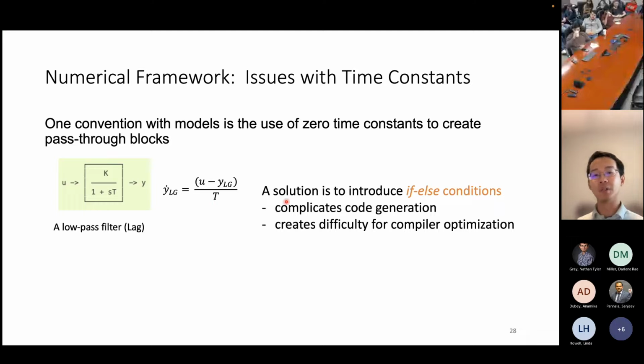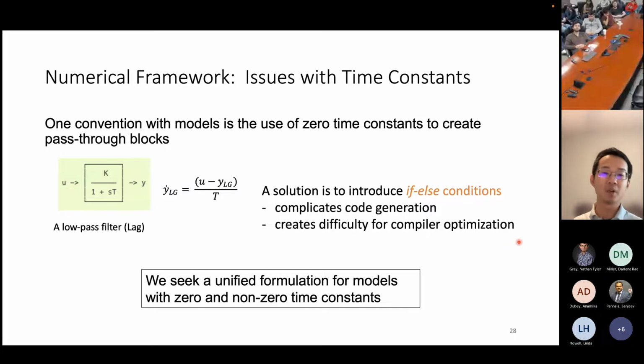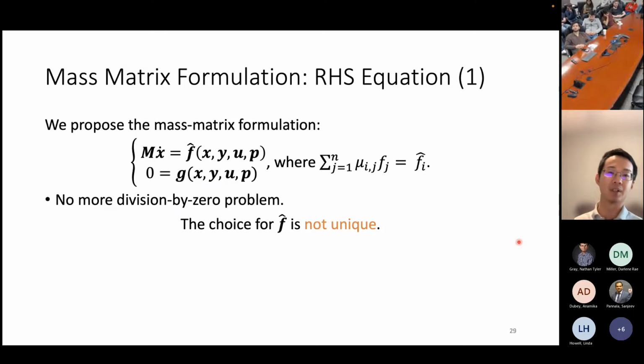One solution in commercial software is to introduce an if-else condition, but it unnecessarily complicates the code generation and creates difficulty for compiler optimization. So we want to seek a unified formulation for models with 0 and non-zero time constants.